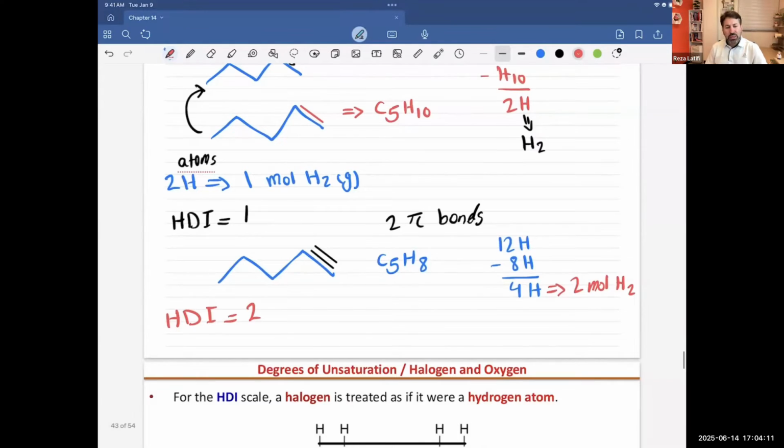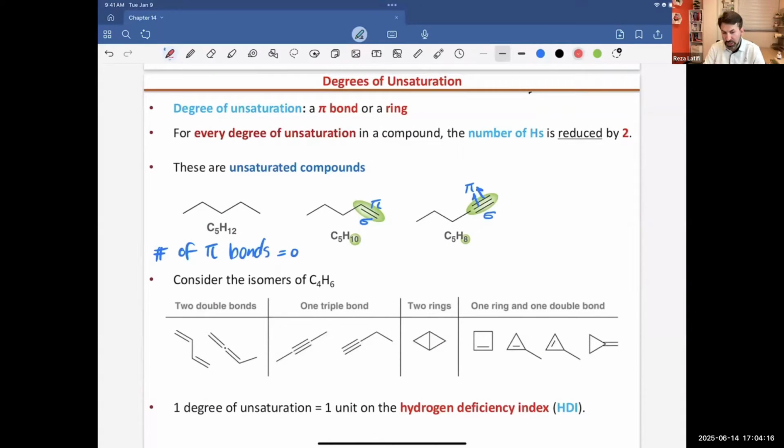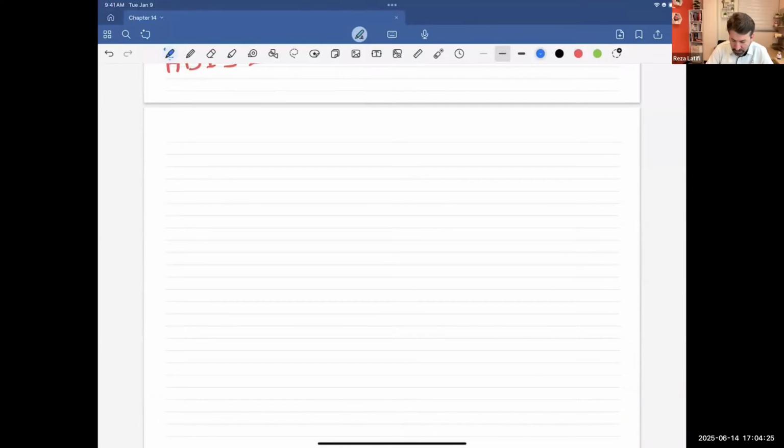And now let's talk about what will happen if we are dealing with a ring. There is no pi bond, just a ring. Here is an example. This molecule again is pentane, C5H12. This time I will make cyclopentane. This is cyclopentane. The formula for it is C5, number of hydrogen only 10.